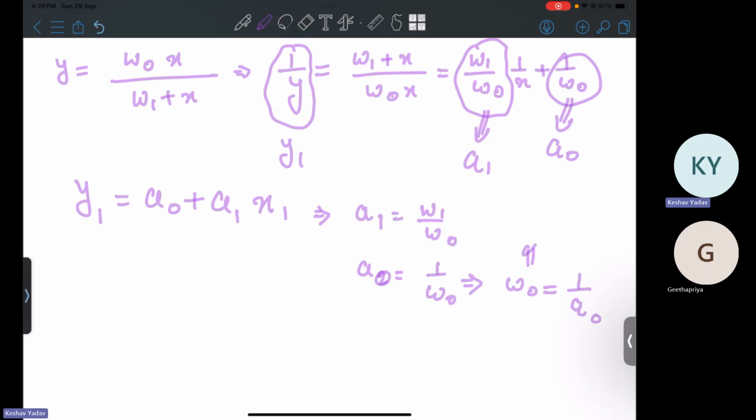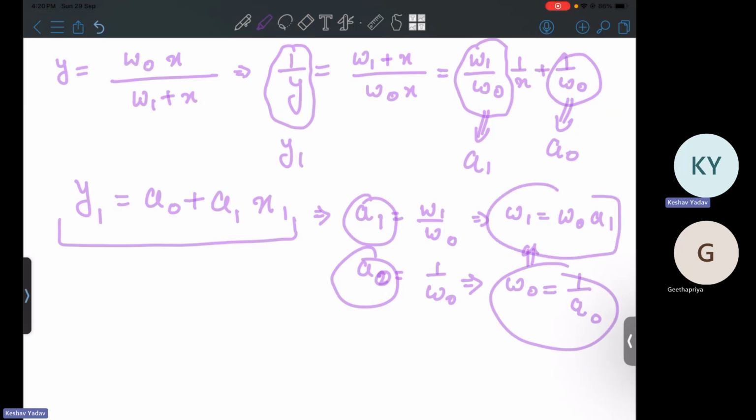And once we have found this, W1 will be equal to W naught A1. So we will first find A1 and A0, and then using this relation and this relation, we will find W naught and W1.